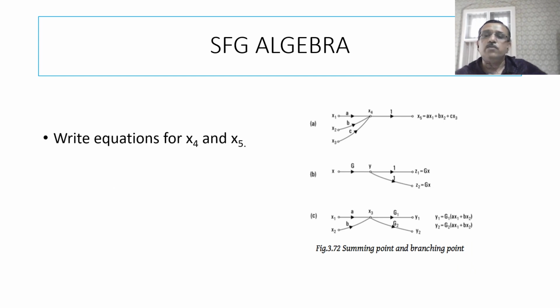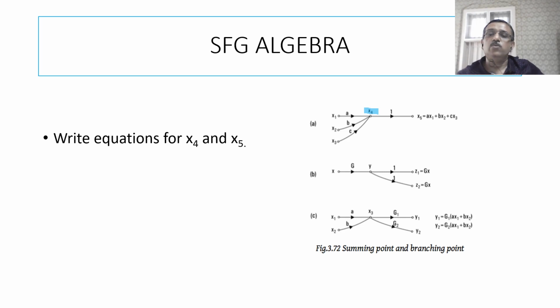Write the equations for x4 and x5. So let me highlight x4. This is x4. So what are these signals? x1, x2, x3. Signals x1, x2, x3 are coming to node x4.